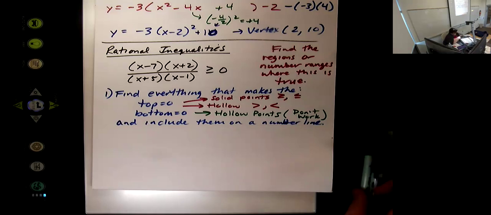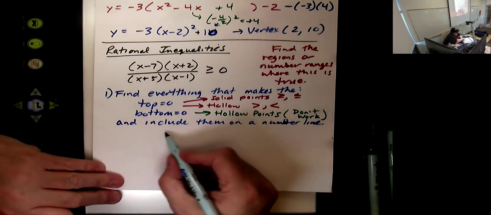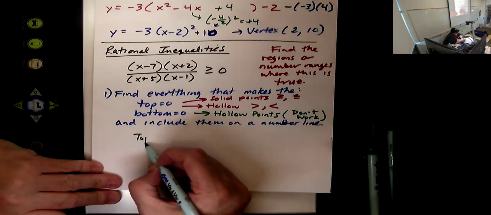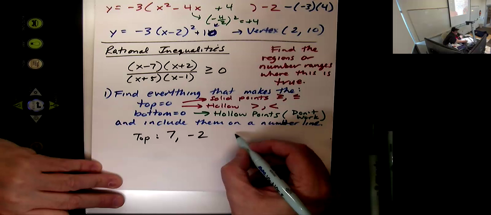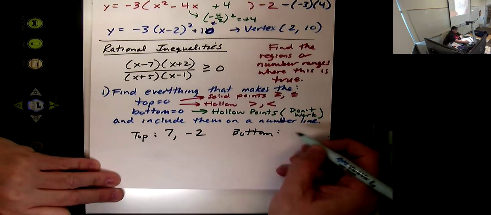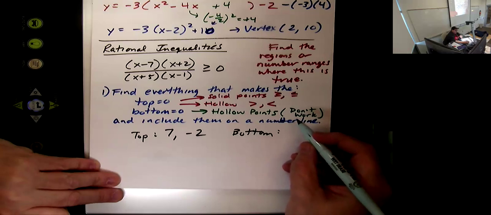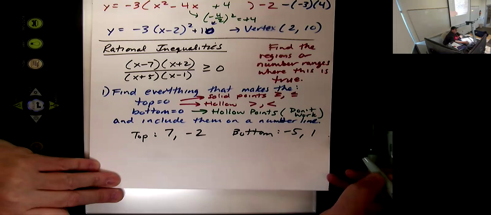So what values make this 0 on top? 7 and -2, right? What about the bottom? Oh, no, sorry, +1, -1. Does everyone agree with that?